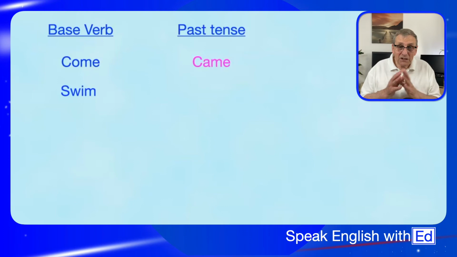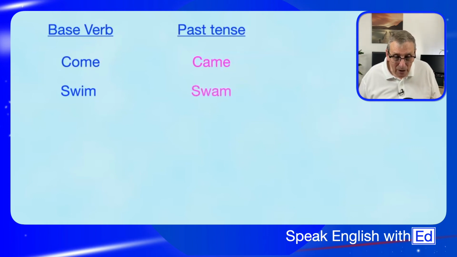Swim. Swim's another irregular verb. Do you know the past tense of swim? There's no rules to apply, it's just a different word, and it's swam. Swam is the past tense of swim.